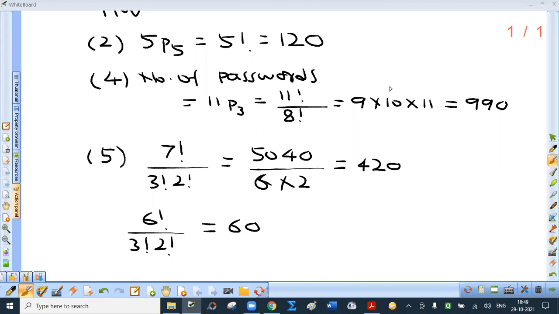Next line. Of these 7 digits, 2 repeats twice and 3 repeats thrice.